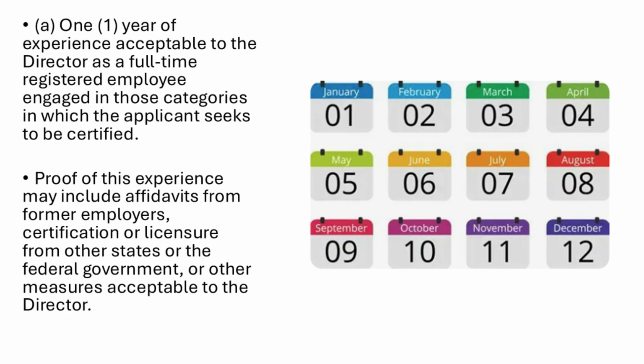A. 1 year of experience acceptable to the director as a full-time registered employee engaged in those categories in which the applicant seeks to be certified. Proof of this experience may include affidavits from former employers, certification, or licensure from other states or the federal government, or other measures acceptable to the director.